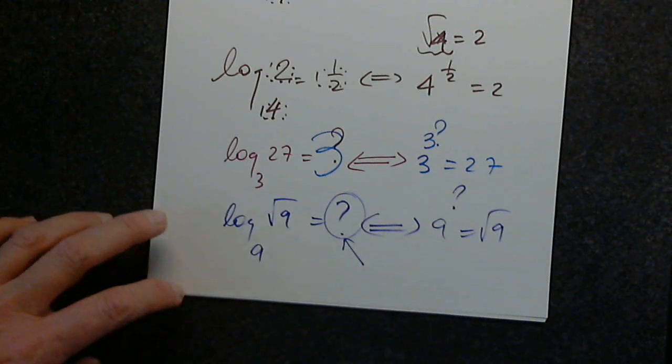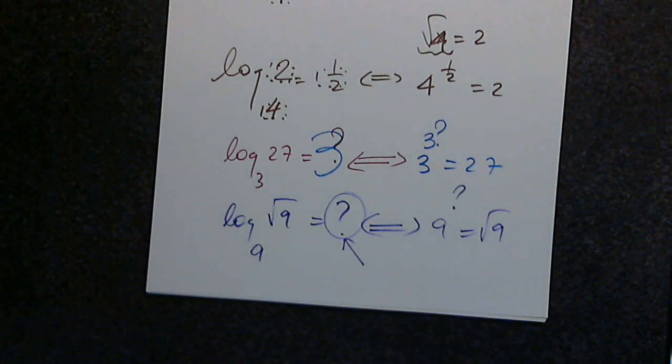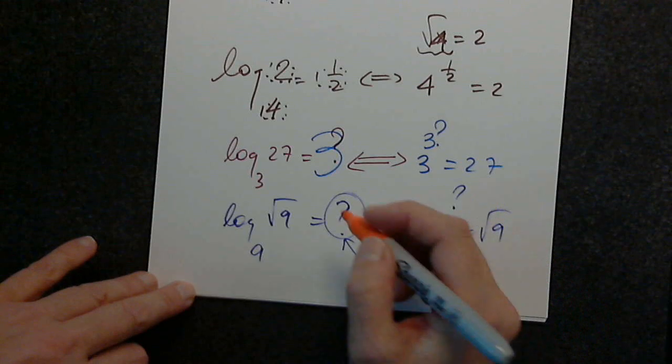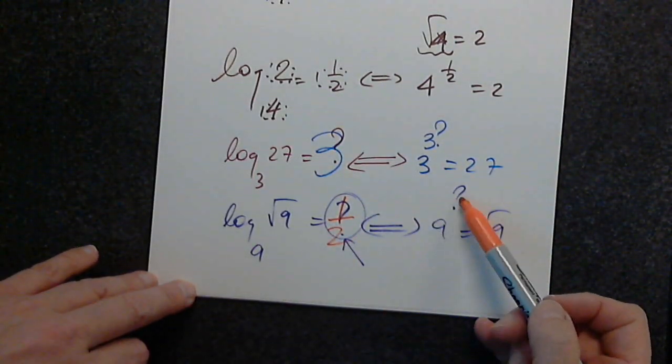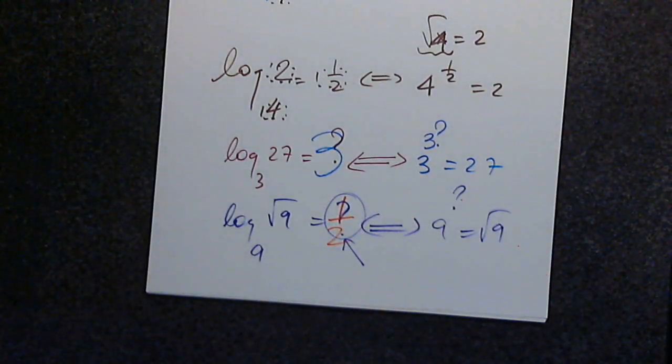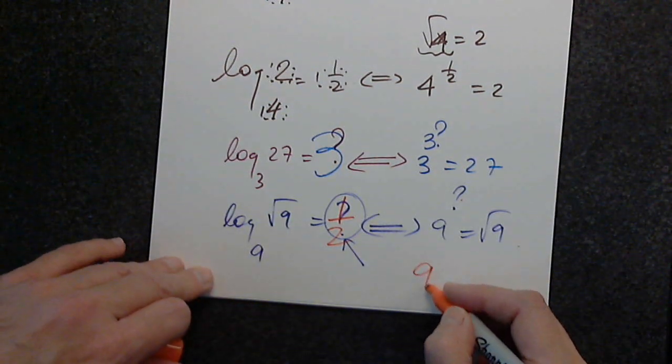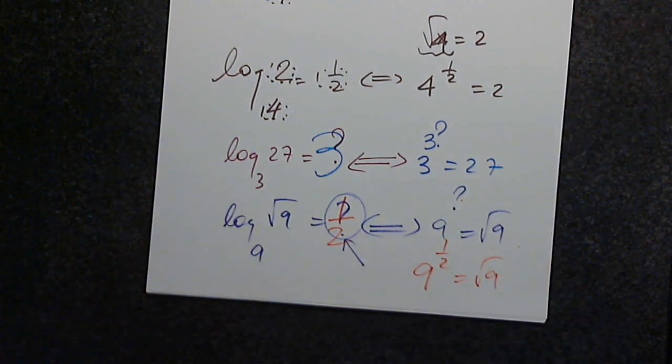There is only one number that fits in there. And the number must be 1/2. Indeed. Only 9 raised to 1/2 is the square root of 9. Correct? Perfect. Moving on.